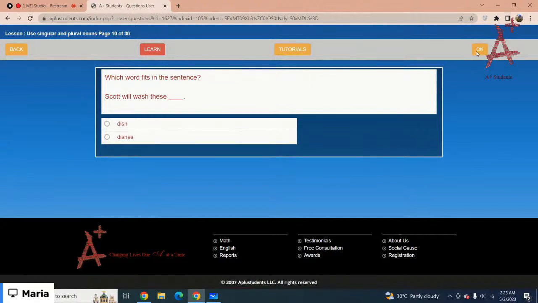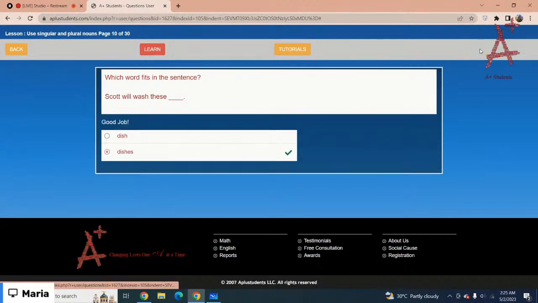Scott will wash these dash. These is always used for more than one thing, so it would be these dishes. The second option is the correct one.